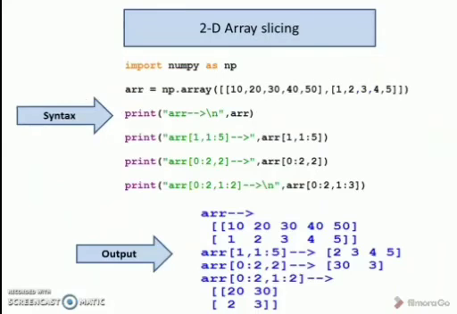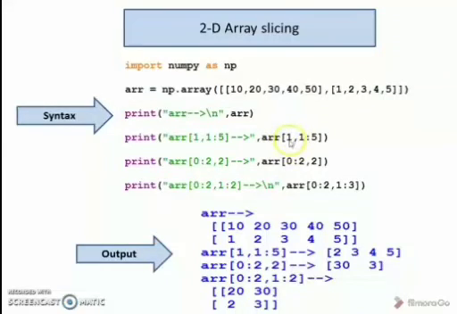Now we will get elements of a 2D array. To get elements of a 2D array, we again pass two numbers. The first number specifies the row index to be accessed and the second parameter specifies the elements to be accessed, right? So when we write 1, 1:5, we are accessing the second row because indexing starts from 0.